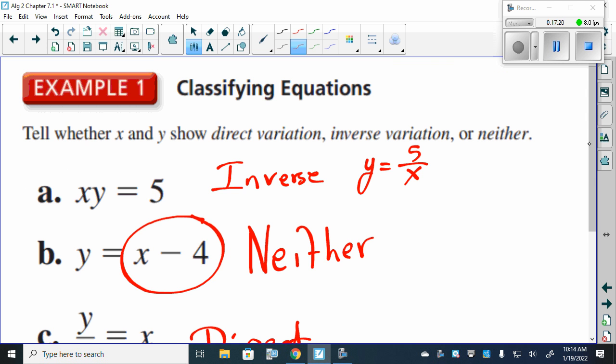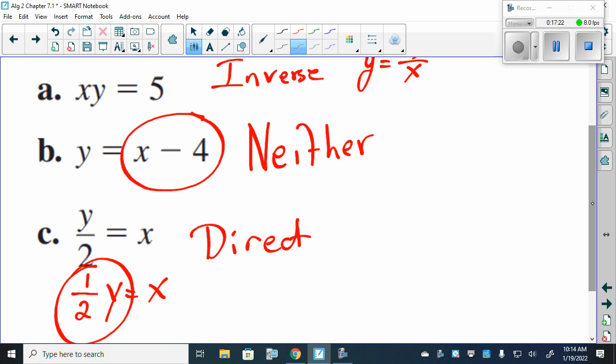We look at the previous one, x minus 4. Well, if I get the variables on the same side, it's x minus y. Those two variables in relation have to really have a multiplication or division property to them. I think the better way to think of it is that these two are either going to be multiplied or divided. We can only have one or the other.